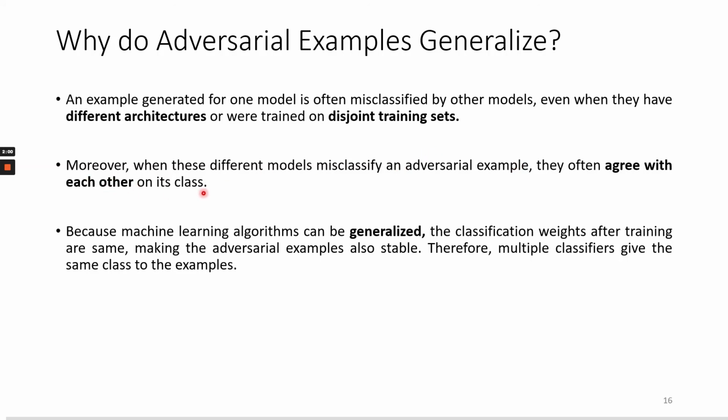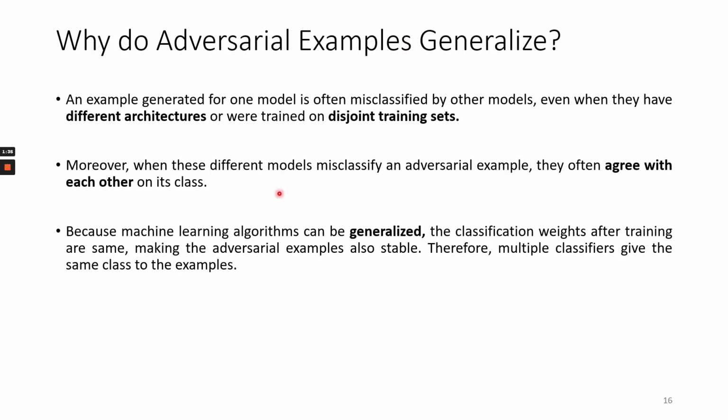So, for example, if we took the instance of a panda image, like we mentioned earlier, and it was misclassified by one of the machine learning models, it would be the same across multiple machine learning models, because the adversarial examples generalize across all the machine learning models.